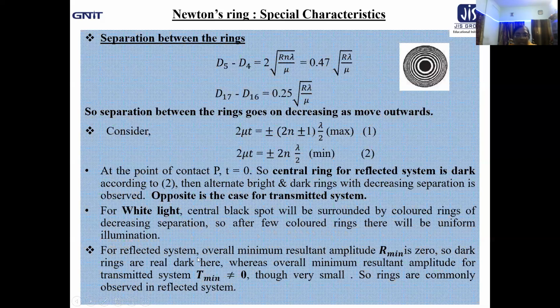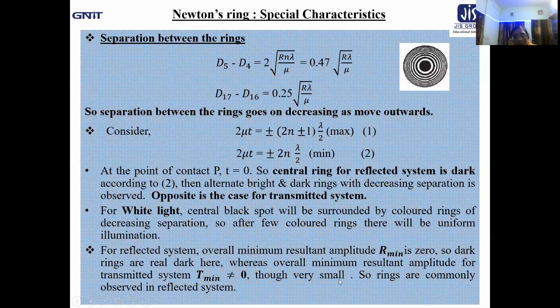For the reflected system, another important point to note, overall minimum resultant amplitude, that means R minimum, is 0. So, dark rings in the reflected system are real dark rings, whereas overall minimum resultant amplitude for the transmitted system, T minimum, is not equal to 0, though very small.